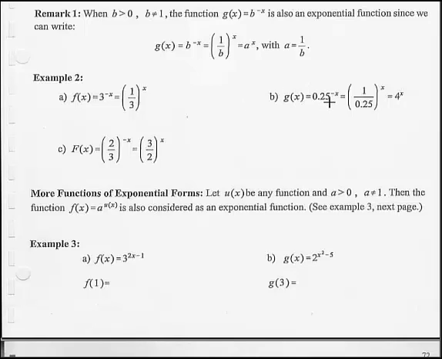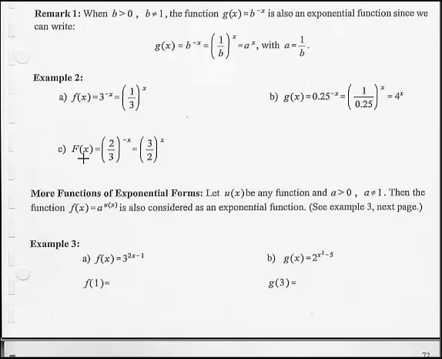Here we have 0.25 to the negative x. It can be rewritten with a positive x. However, we take the 0.25 and put it on the bottom of a fraction with 1 on top, and then 1 divided by 0.25 gives us 4. All of these are equivalent versions of the same exponential function.